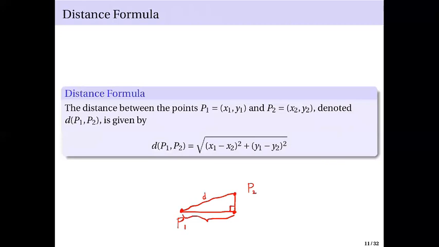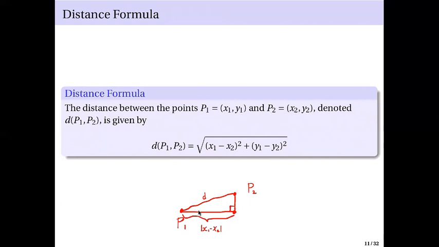this is equal to the absolute value of x1 minus x2. Meaning, you look at the x coordinates of P1 and P2, so you get the distance of the x coordinates.